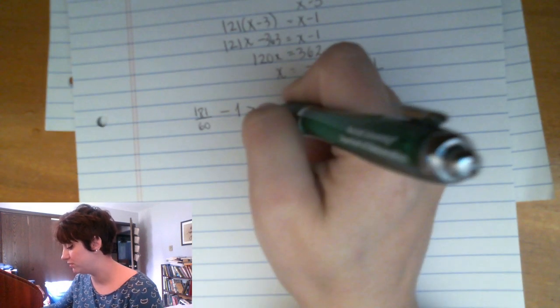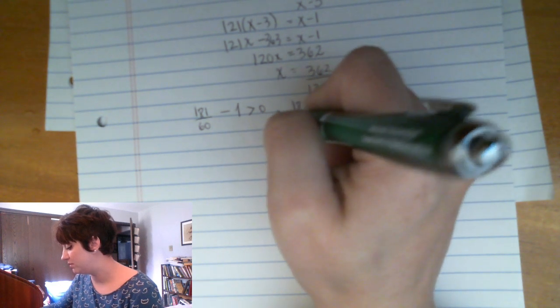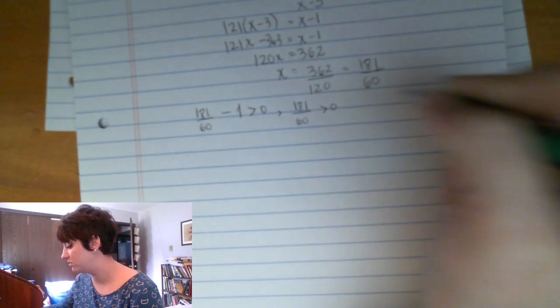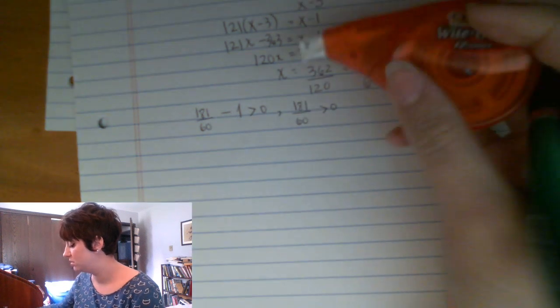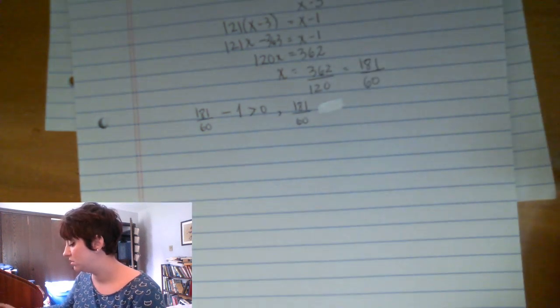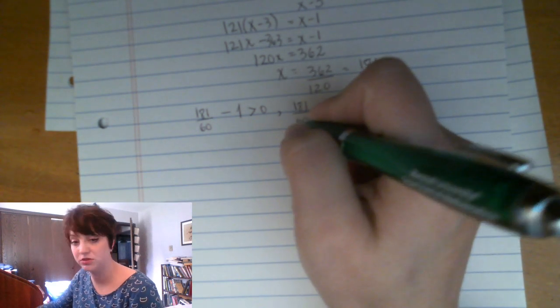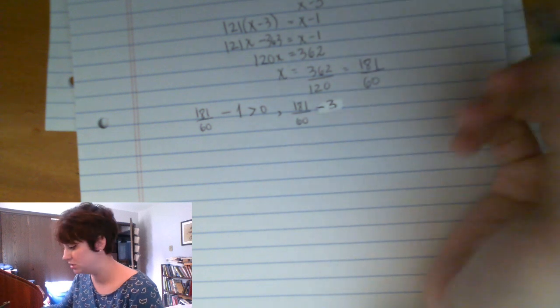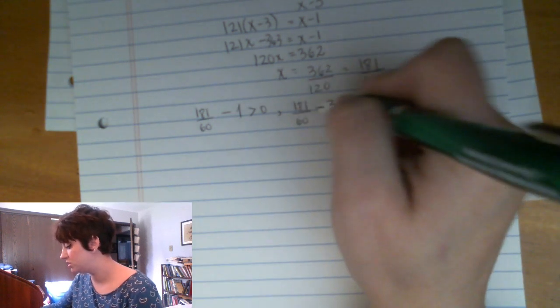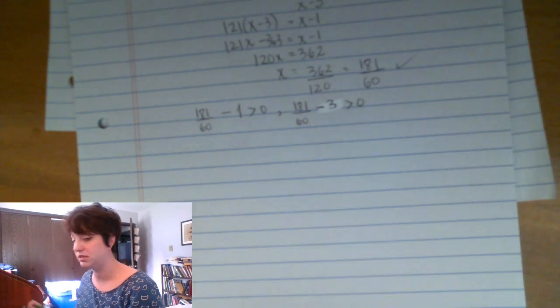So this overall thing is bigger than 0. And then 181 divided by 60, is that bigger than 3? Well, yeah, right? Because 60 times 3 is 180. So this is a little bit bigger than 3. So if you subtract 3, it's still positive. So I do get to have that solution.